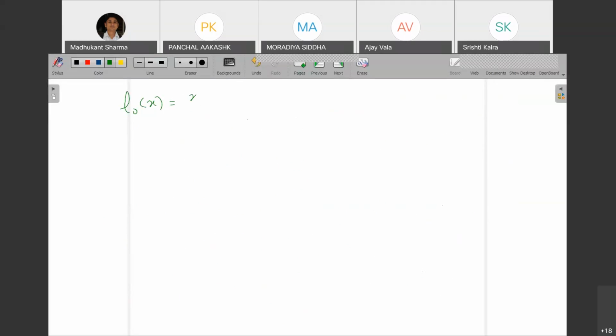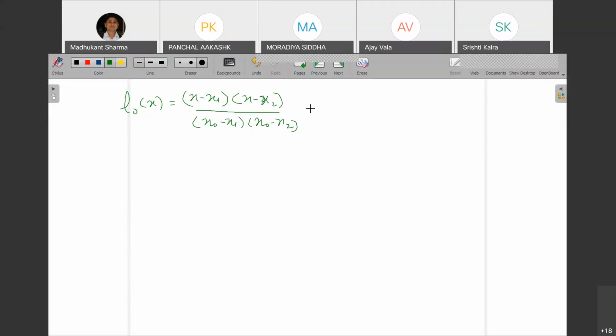So if I go for finding L0 of x, that is equal to x minus x1 into x minus x2, divided by x naught minus x1 into x naught minus x2.